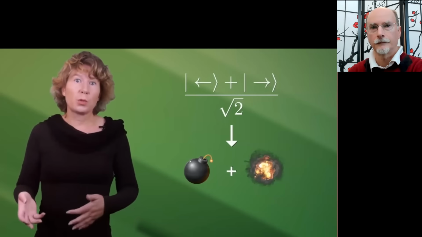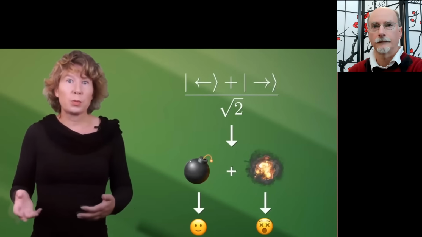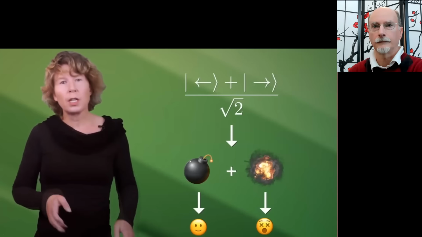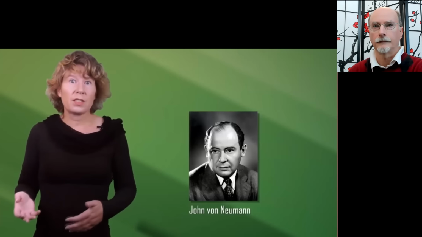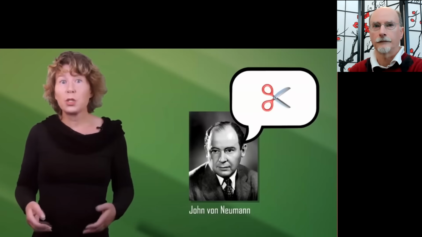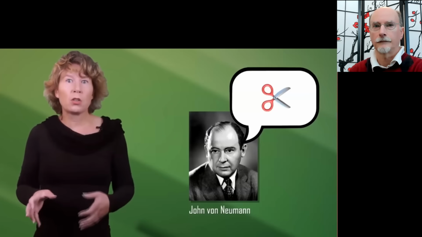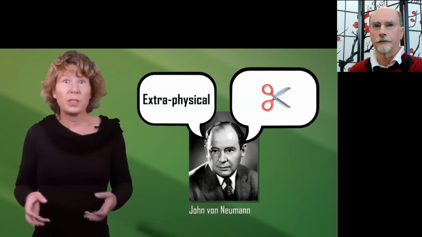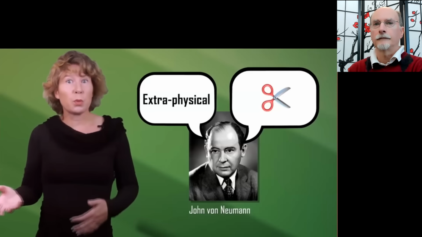And that leads to a superposition of a world in which you died and one in which you didn't. And a superposition of worlds in which you go on to win the Nobel Prize and one in which you didn't, and so on. Von Neumann said that this chain of events needs to be cut somehow, and since everything in physics seemed to keep the superpositions alive, he thought the collapse had to be caused by something extra-physical or psychophysical. It had to be the conscious perception of an observer. The observer either sees a bomb explode or not.